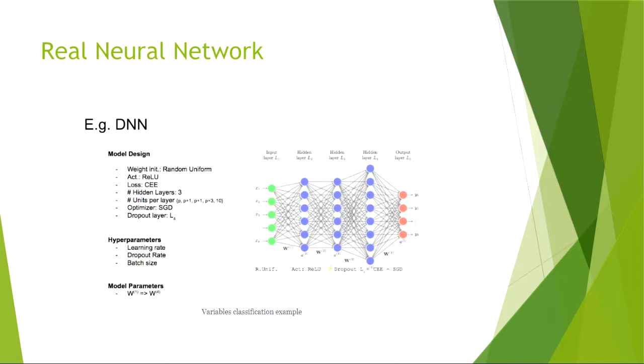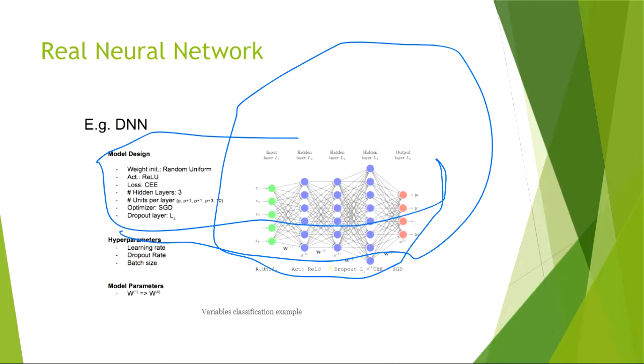Whenever you are trying to build a real model, you will have hyperparameters in your model. You will also have model parameters, and then you will have some kind of design. For example, this is a model design over here. This model design tells us various things. For example, there are 3 hidden layers, written as hidden layers 3.